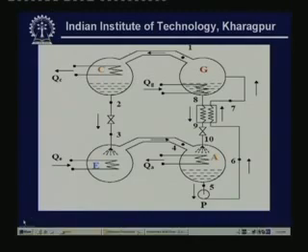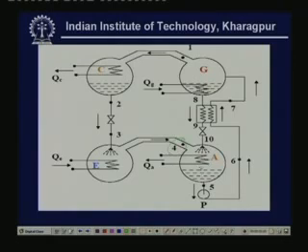And as you know, the low temperature low pressure vapor at 4 enters into the absorber, it comes in contact with strong solution coming from the generator at point 10. So, the solution absorbs this vapor and heat of absorption is taken out QA, and the resulting weak solution is pumped in this pump to the high pressure, and the high pressure weak solution flows through the solution heat exchanger where it is preheated by taking heat from the hot solution coming from the generator, and this preheated solution which is weak, that means which is strong in refrigerant, goes to the generator where heat is supplied to the solution.